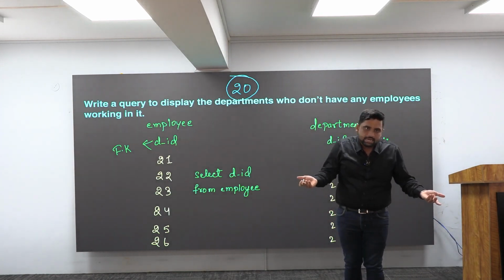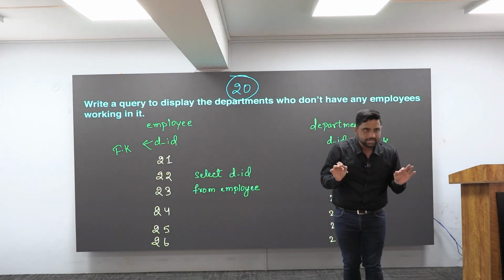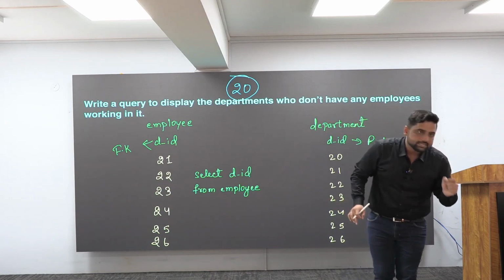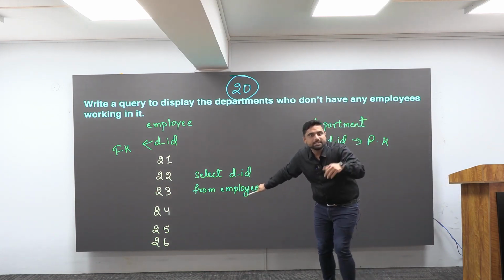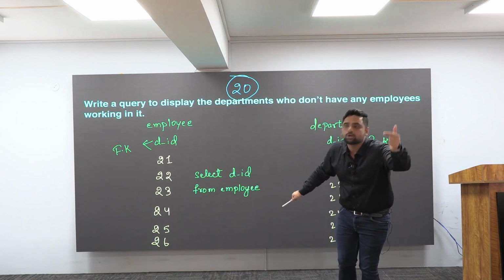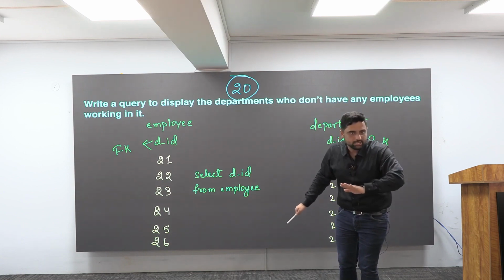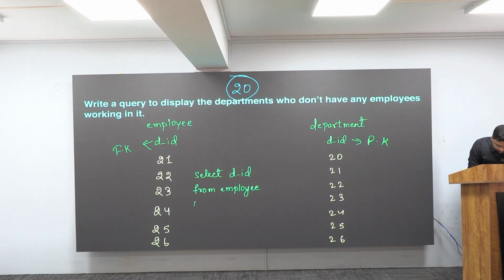Yes, there is a chance we can have null, even though in our table we are not having it. So we should check for the presence of data. Where department ID is not null. So we should get all the department IDs only. So I will put where department ID is not null.